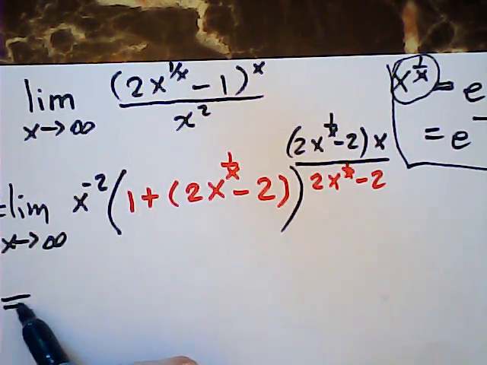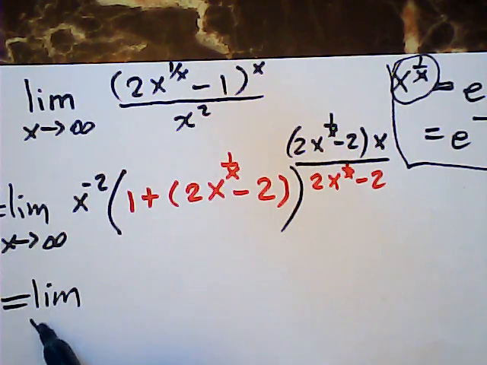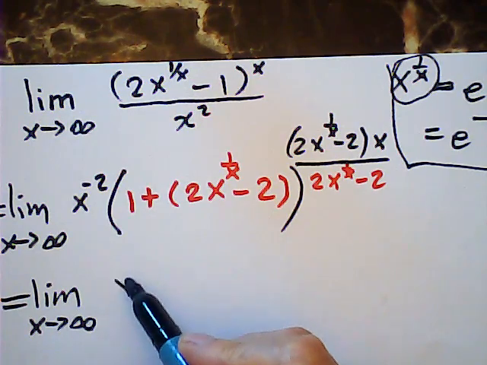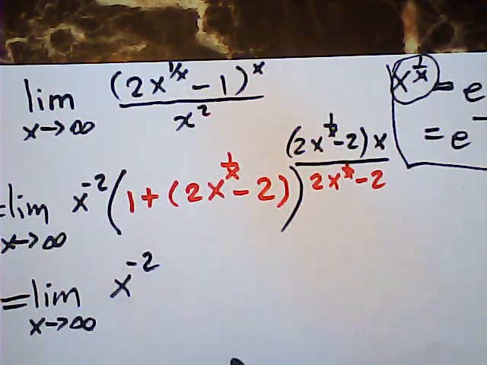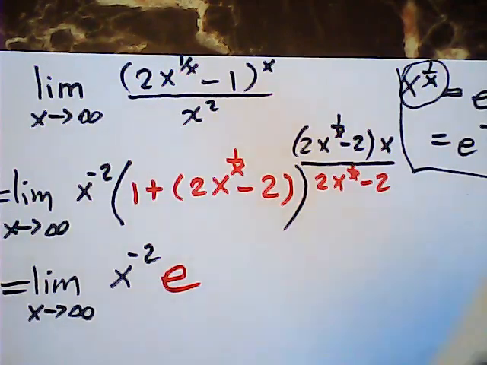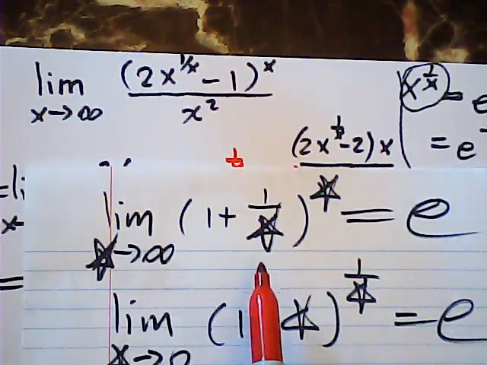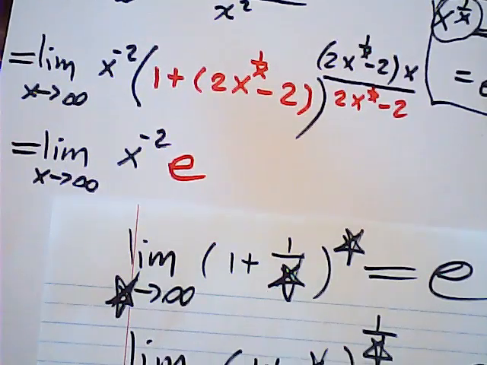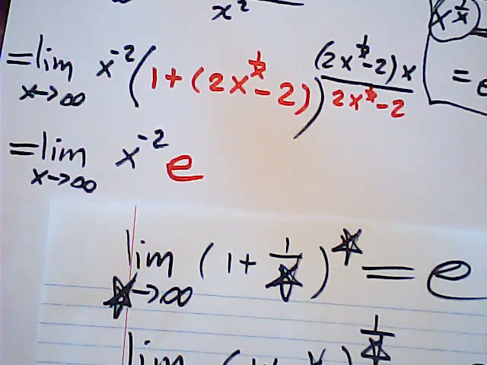Then this one is equal to the limit as x goes to infinity of x to the negative 2. The red one is e. The red one forms e. See? Right? Yeah, this one goes to infinity, this one goes to infinity, this is 0, right? This is 0.